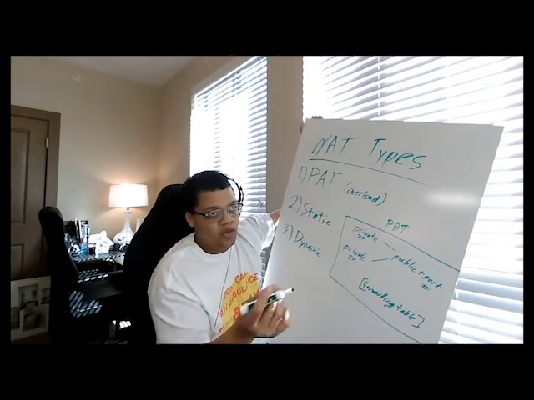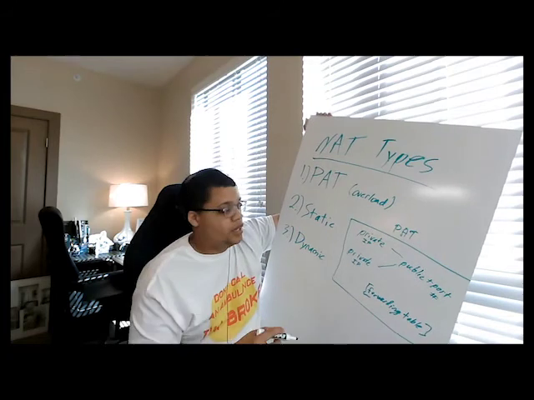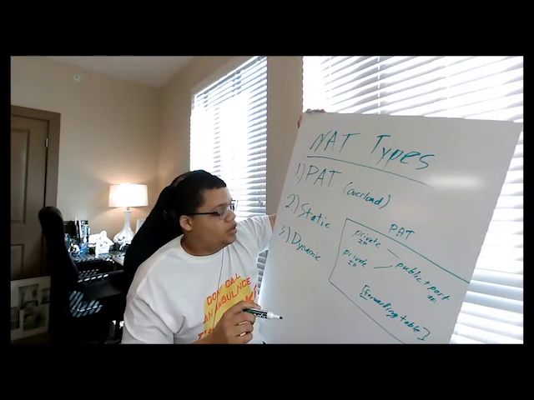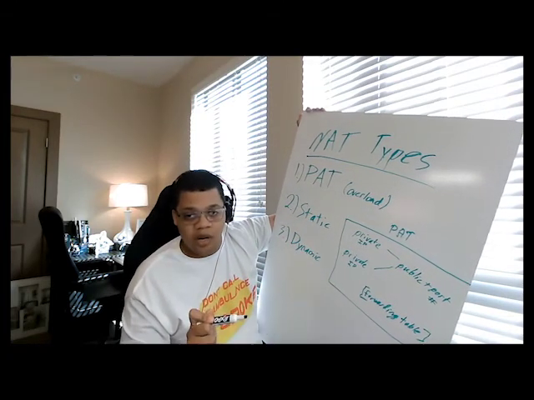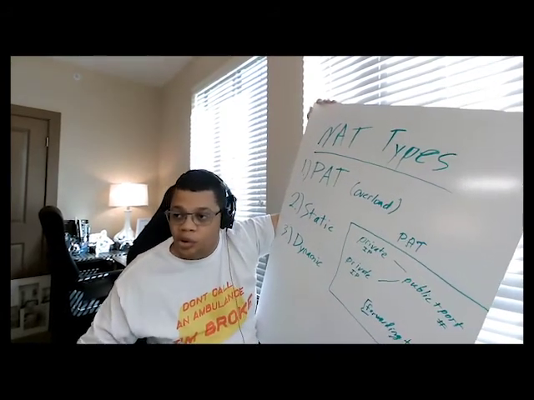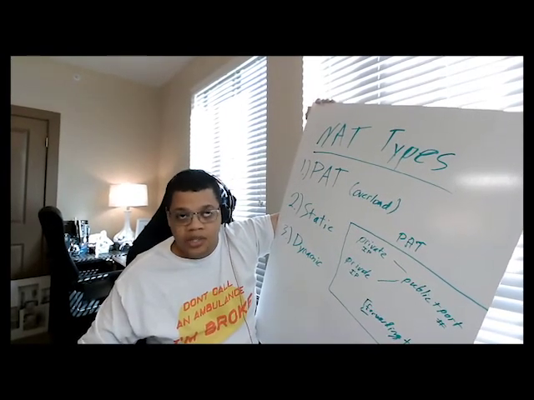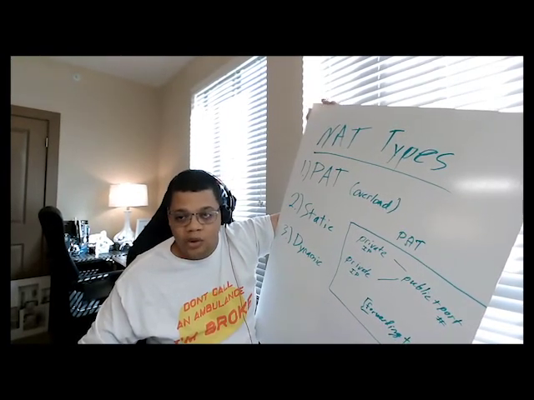And that translation and matching is done through forwarding tables, and that translation becomes more important when we get into dynamic. But for now, that's it for PAT, which is the most common and what we see in a lot of private homes and such.